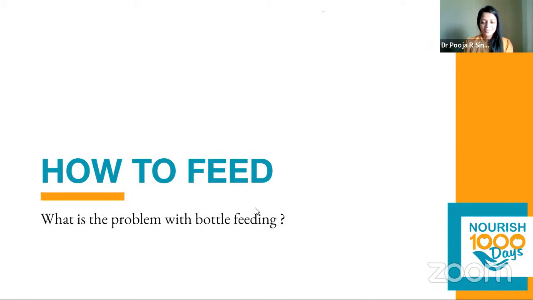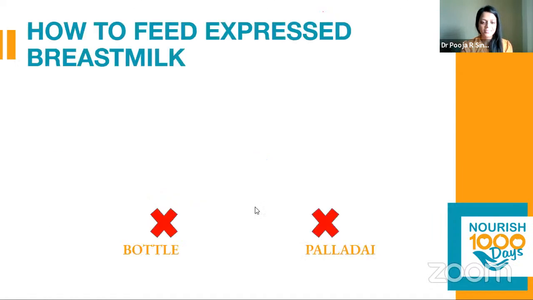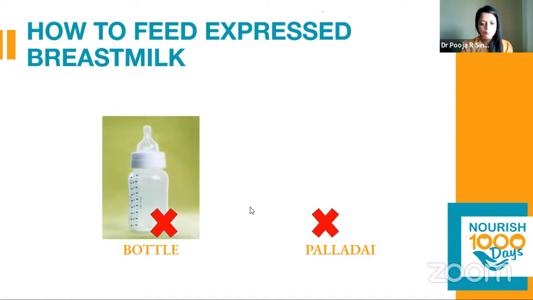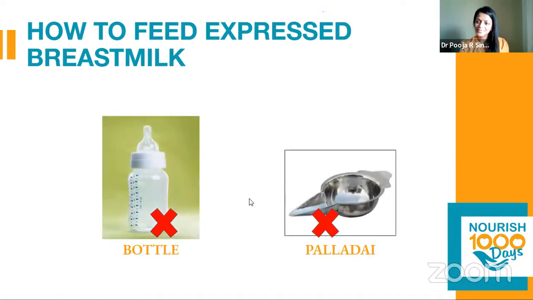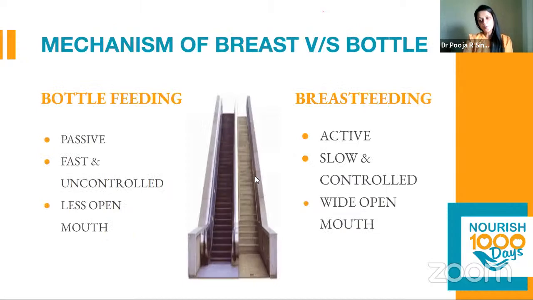Okay, so here's another important thing: whatever milk we have expressed, how are we going to feed it? So we are not using bottles, we are not using the paladai or bondla. Why are we not using bottles? So bottle is like using a lift instead of using the staircase.